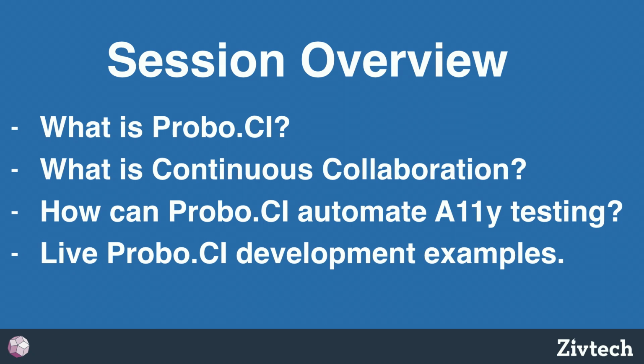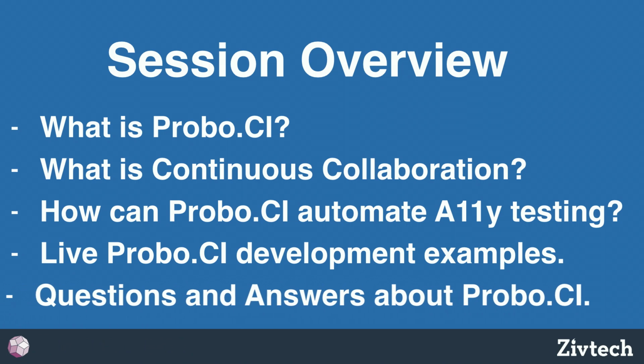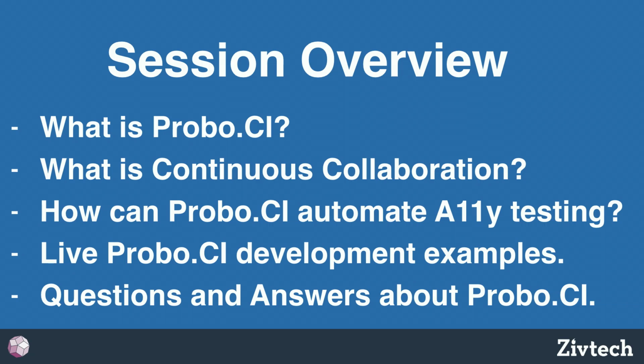We're going to do some live Probo.CI dev examples, so things that you can do on your own projects to leverage Probo in your workflow. And then at the end we'll have a Q&A for those who have some questions. I'll hopefully give some good answers.